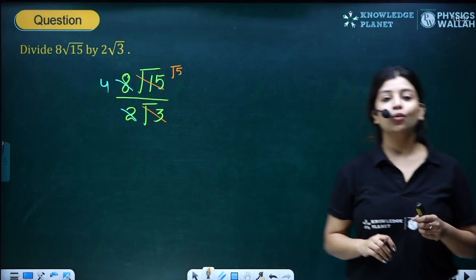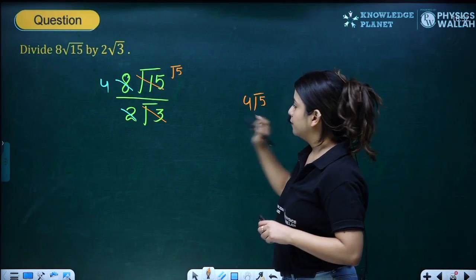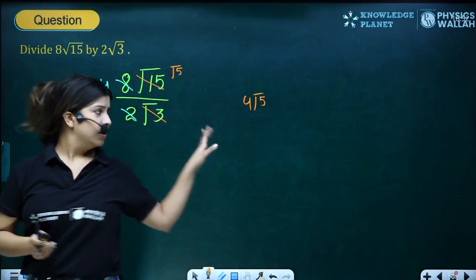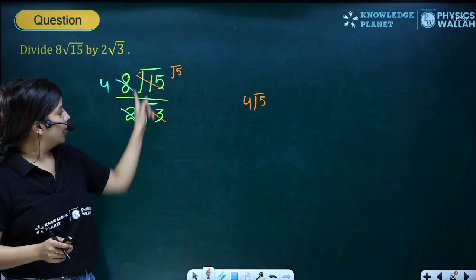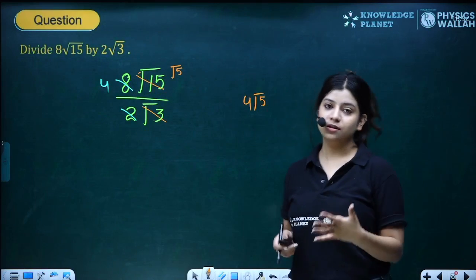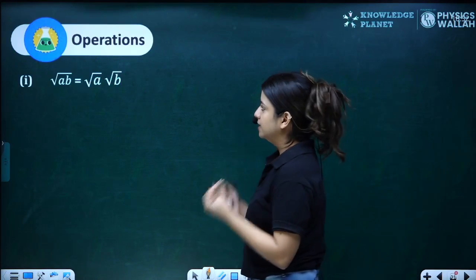So the answer will be 4 root 5. When you cancel, 3 fives are 15, but there is an under root in both of them, so you have to apply that under root in the quotient as well. So this will give you 4 root 5 and this will be the final answer.